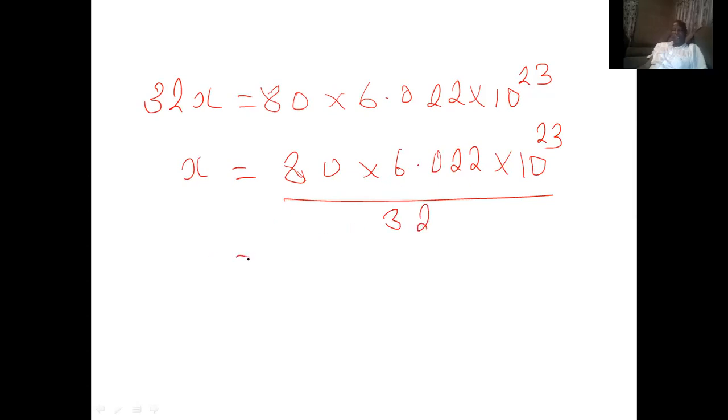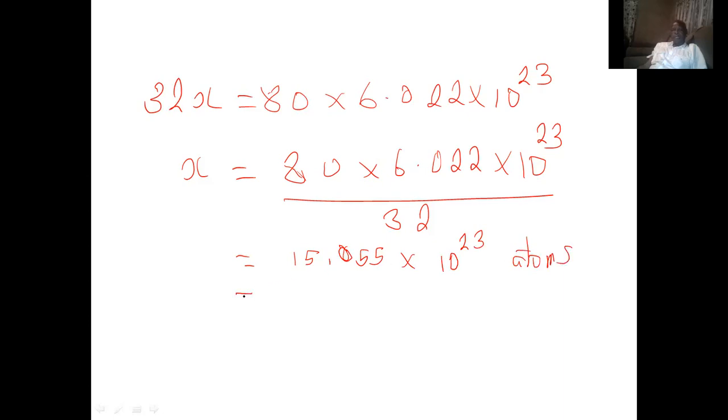And this gives us 15.055 multiplied by 10 to the power 23 atoms.